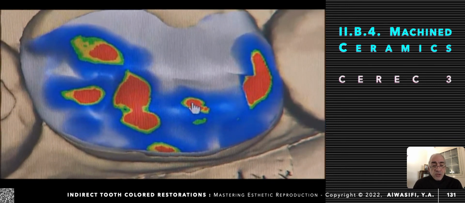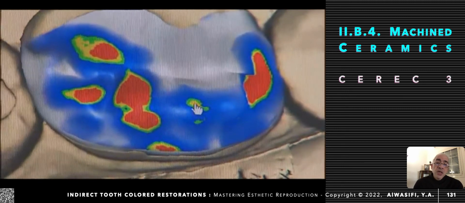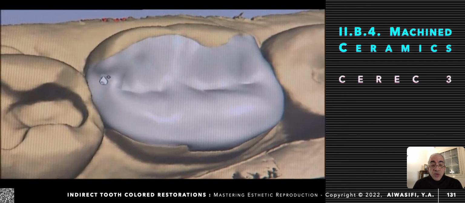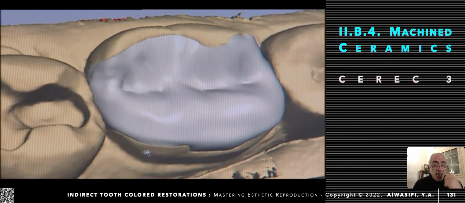It is recommended not to remove all the pressure areas, just to remove the high-pressure areas, leaving some low-pressure areas, because they could be used to seat or to force your restoration into place. Here he is removing extra material, that's why he is re-adding it again.